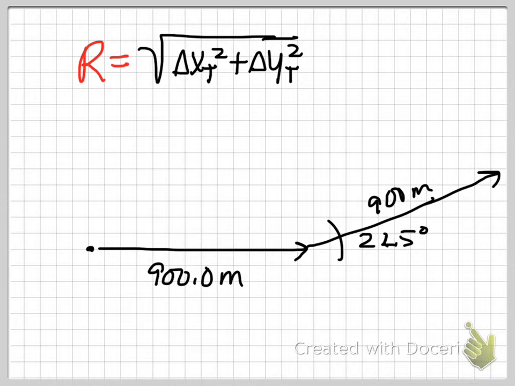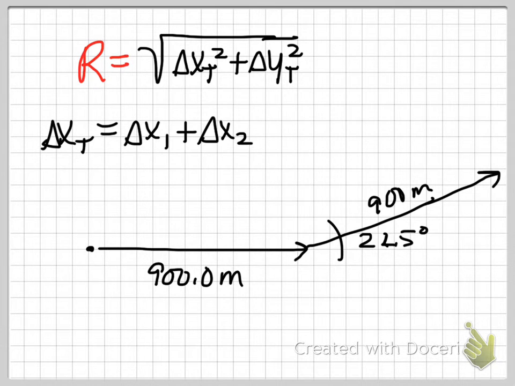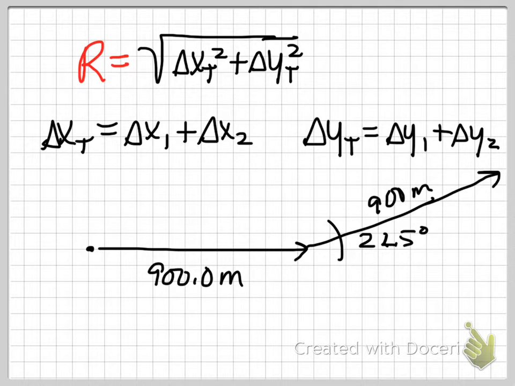So that's where I start every single time. And then just to remind myself where those totals are going to come from, I'm going to write something like this. Delta x total equals delta x1 plus delta x2. Delta y total equals delta y1 plus delta y2.